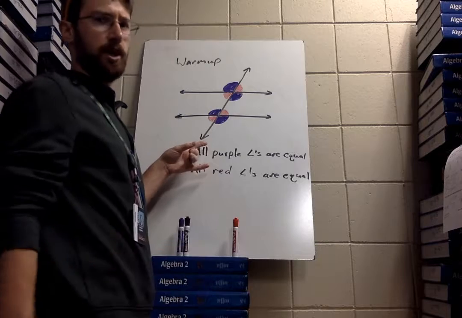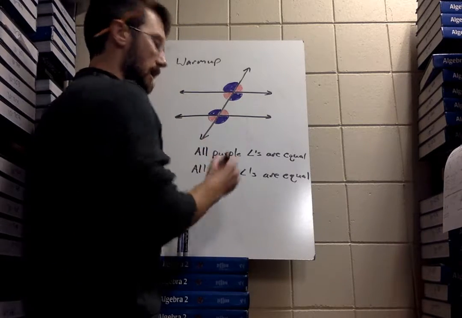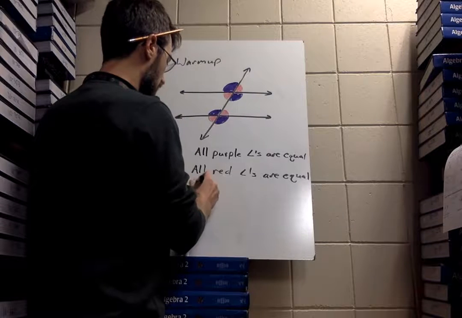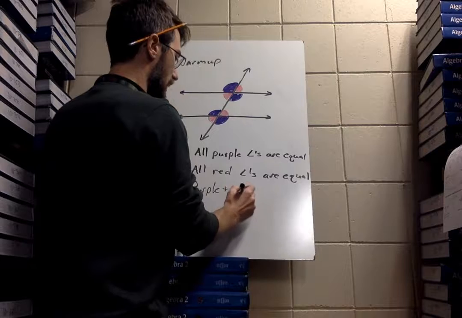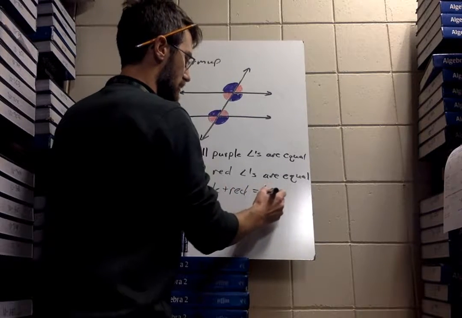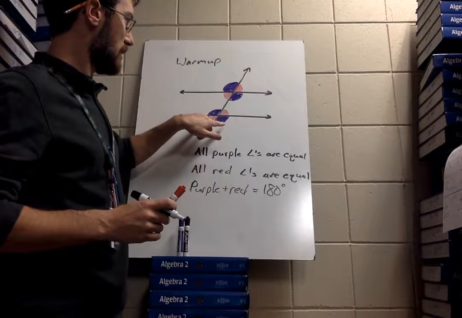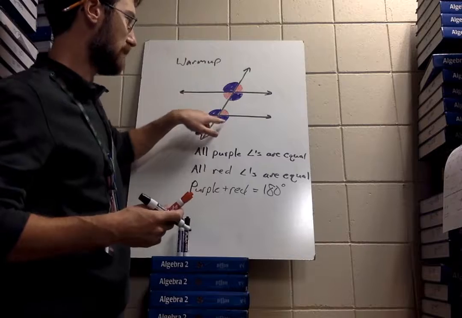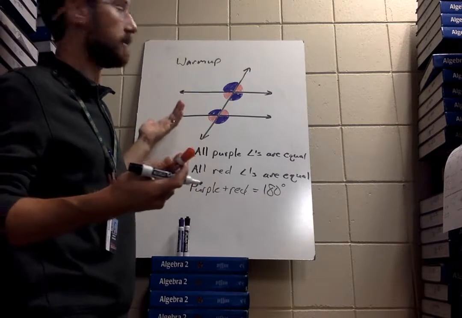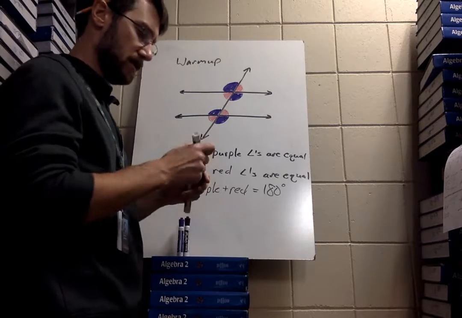Now, change the color on yours if it's a different color, obviously, so it matches. And then we can say that a purple plus a red is 180 degrees, because any combination here, purple-red, makes a linear pair. That's 180 degrees. If I do that purple and that red, it's still 180 degrees. But this purple and this red, still 180 degrees.